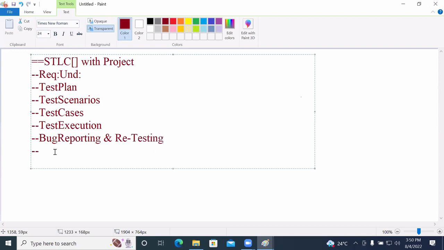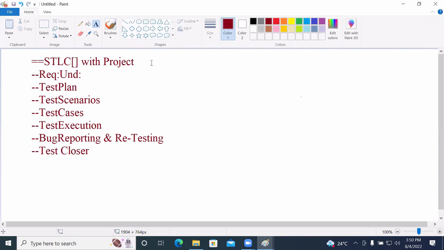And the last one is test closure. Online students also make a note of these statements.